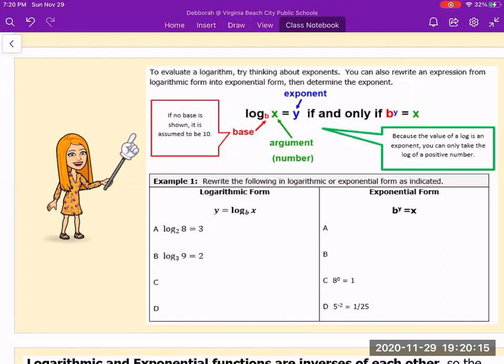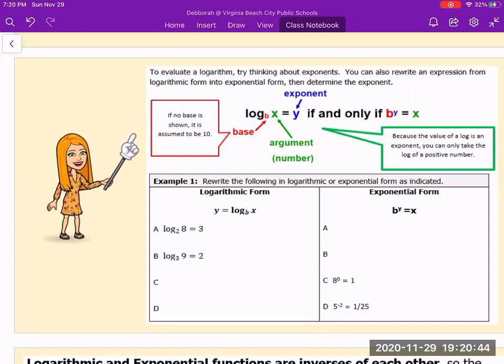So as you see, we have log with a base, an argument, which is the number, which equals the exponent. If it makes it easier, you can rewrite it in exponential form as b to the y equals x. Notice if there is no base given, the base is assumed to be 10. And because the value of a log is an exponent, you can only take the log of a positive number.